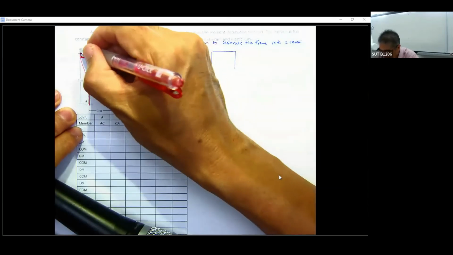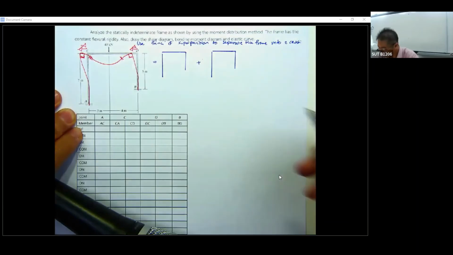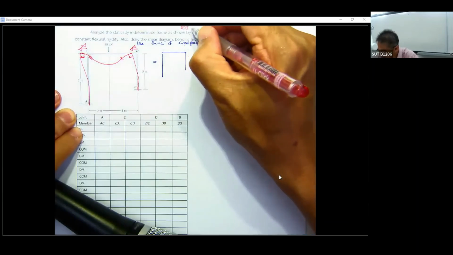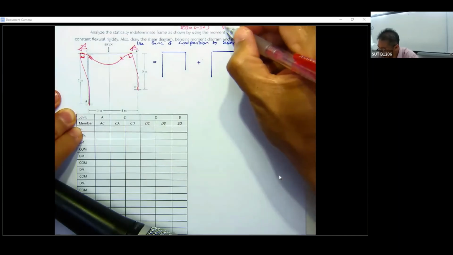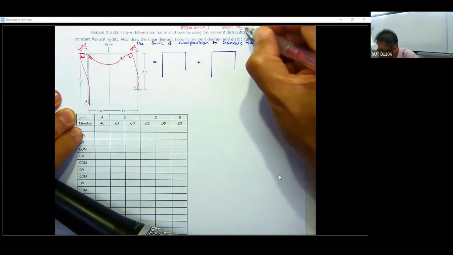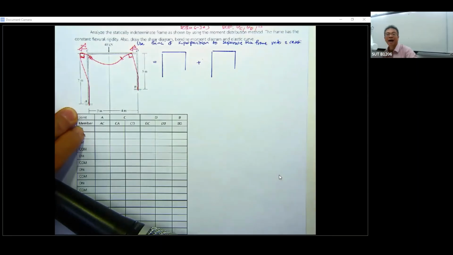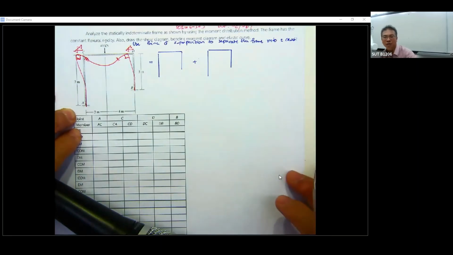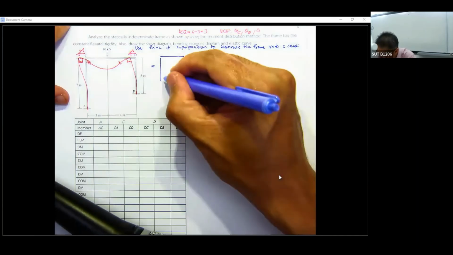The frame has the sidesway delta. You must show this by doing the computation. Even though I didn't ask you, the analysis of this problem is going to be similar to what we did before. The degree of freedom equals the degree of indeterminacy.